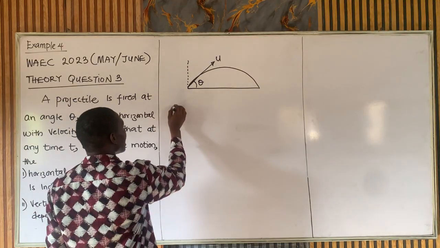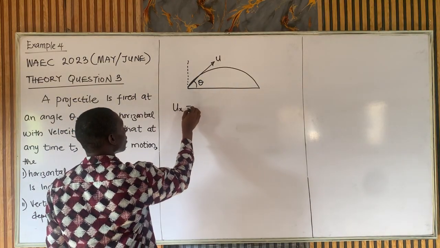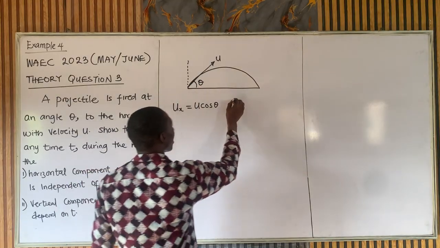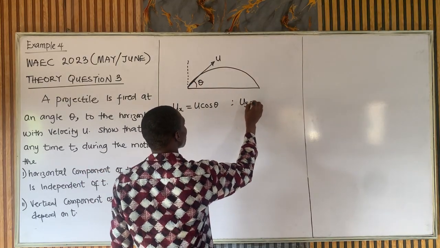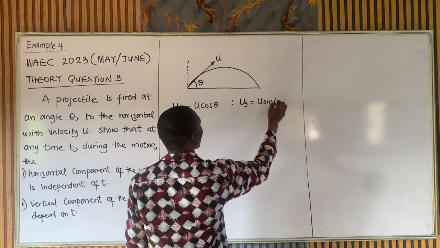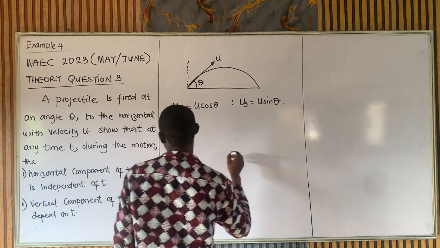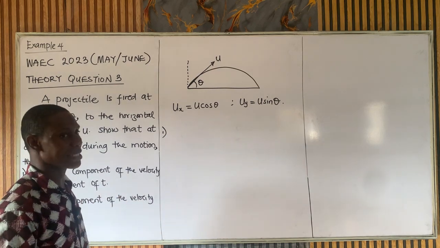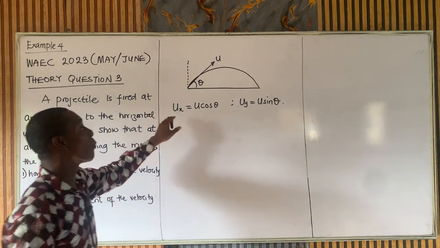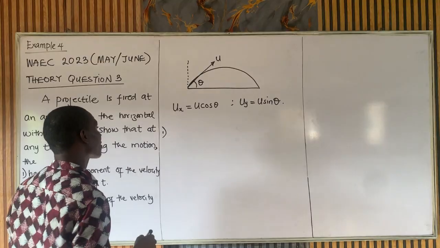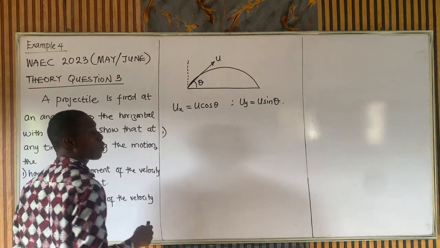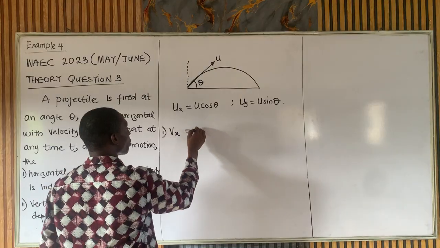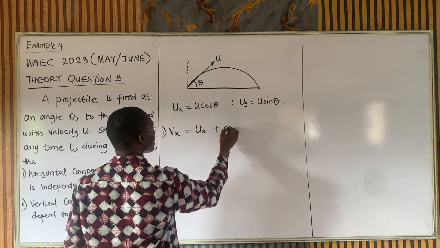Okay, so firstly, let's get our horizontal component of u. That will be u cos theta, because we are resolving to the horizontal. And resolving to the vertical, that will be u sine theta. The first one says that we should prove that the horizontal component of velocity, actually this is talking about the final velocity because we already have the initial velocity. That's Vx and Vy. Here is Vx, the horizontal component. And so Vx is equal to ux plus at.